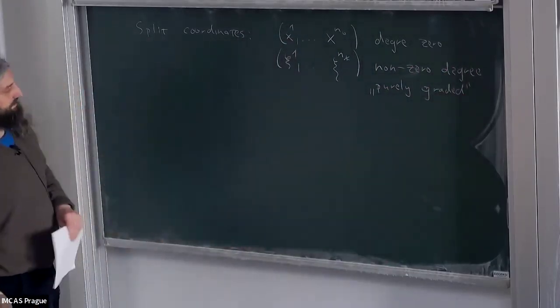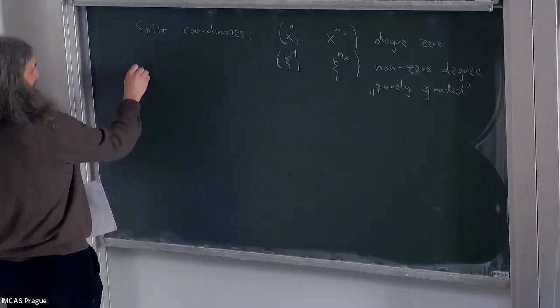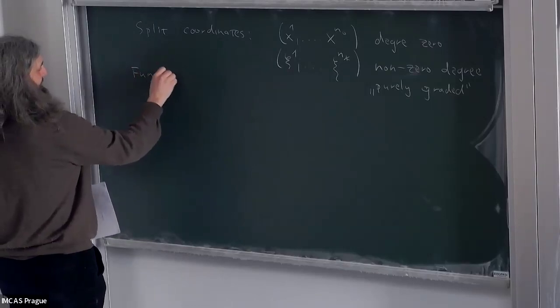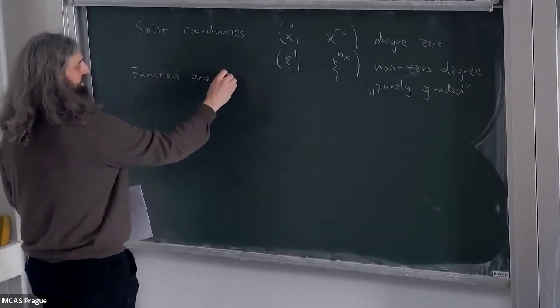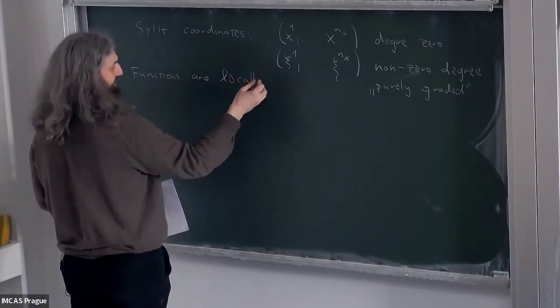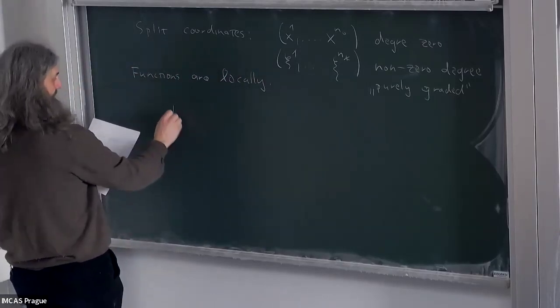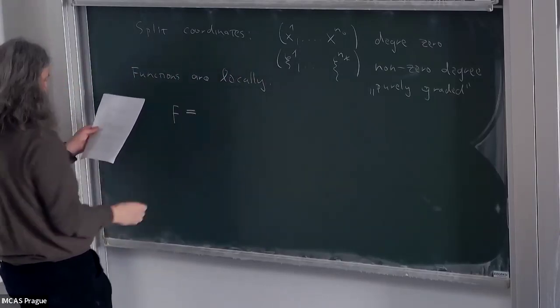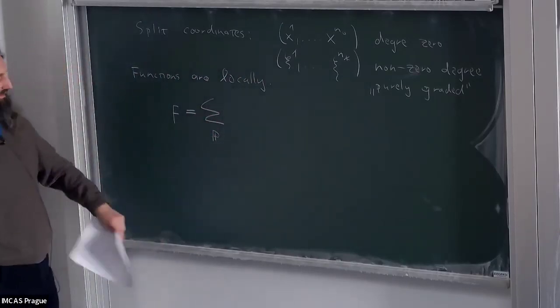And what are now functions on graded manifolds? Of course, not globally, but locally, wherever you have your coordinates of the following form. Each function on your graded manifold is some formal power series summing over some index.